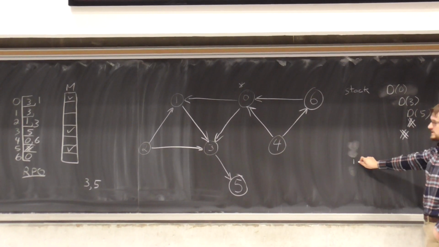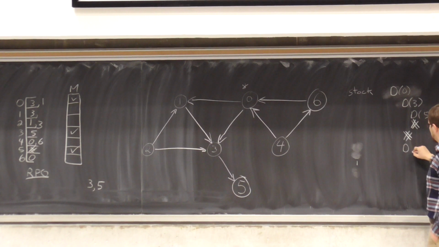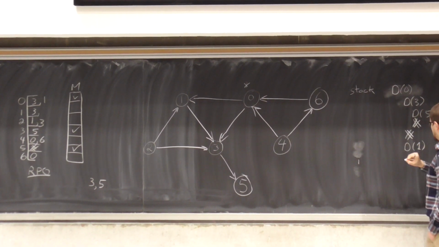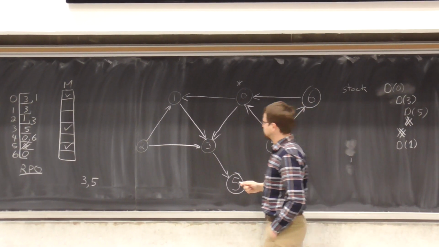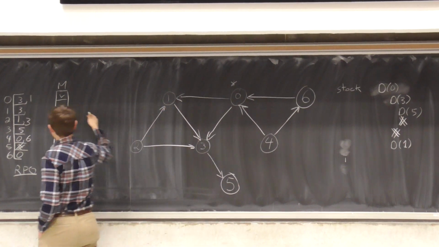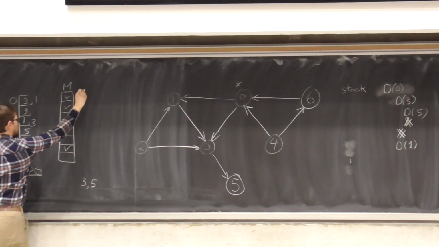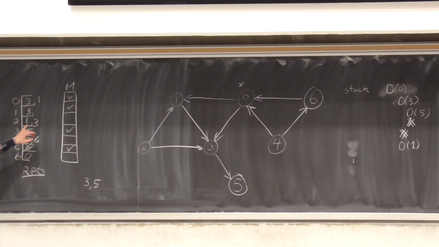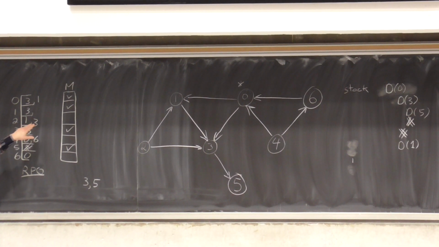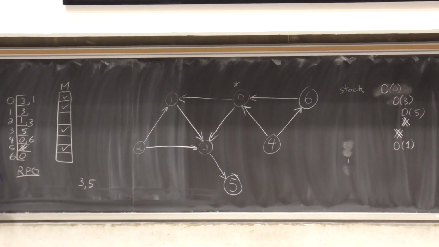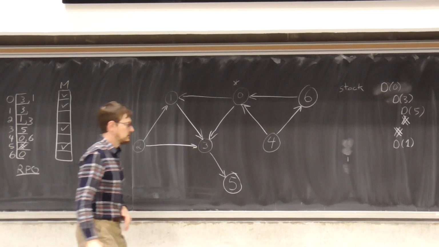Now we process 1. Taking a look at 1, we can see it has only 3. Well, first of all, we check it off. 3 is the only node that 1 points to. We can see that it's already checked off, so we don't have to visit it again.